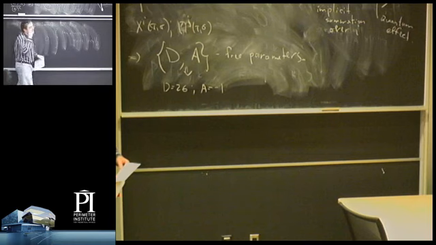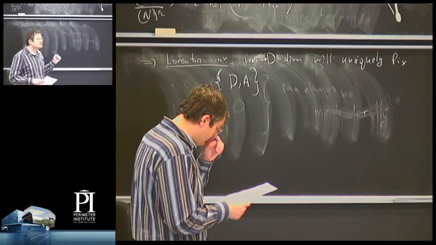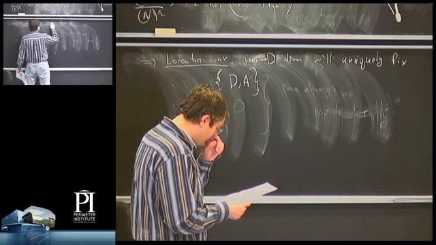And so what we're going to show now is that if we want Lorentz invariance to be preserved after we quantize the string, it will fix the values of D and A. Lorentz invariance in D dimensions, right?